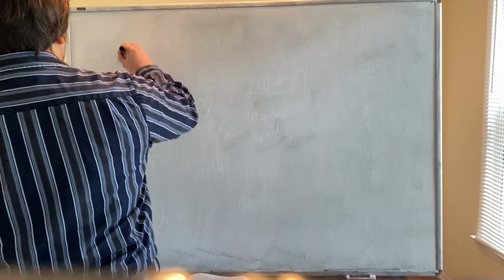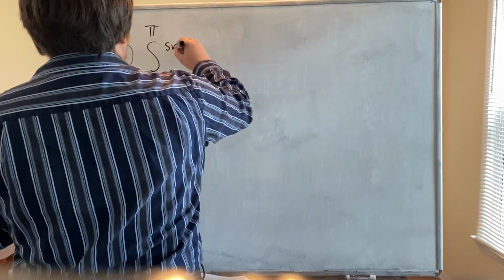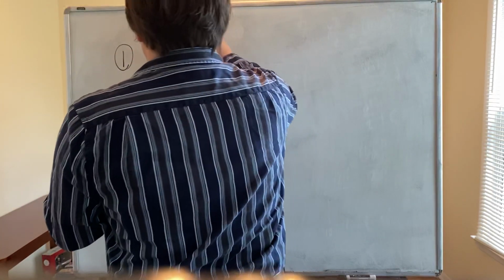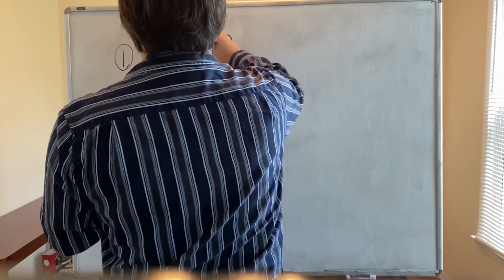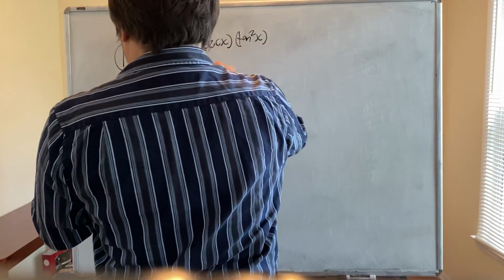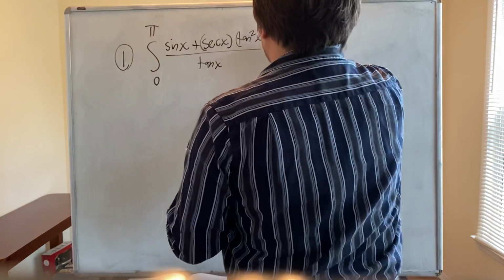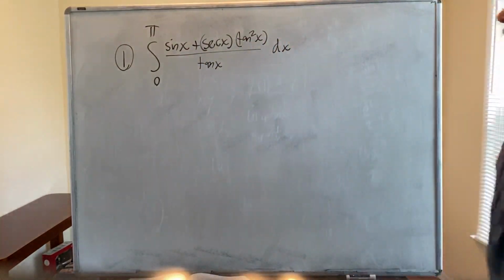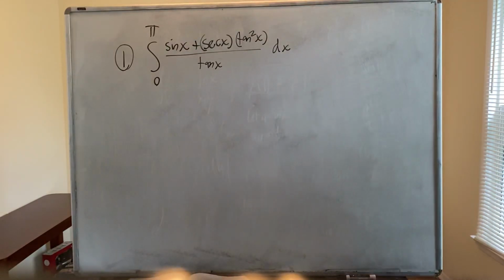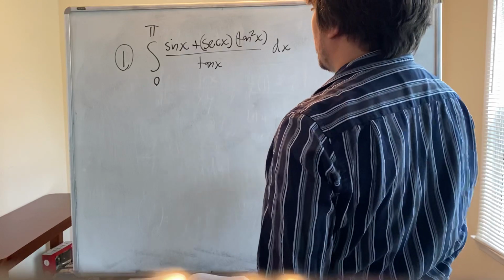So, practice final question number 1. It says calculate the definite integral. So we have a definite integral from 0 to pi of sine x plus secant x times tan squared x over tan x dx. To do this, let's separate this into two separate integrals.